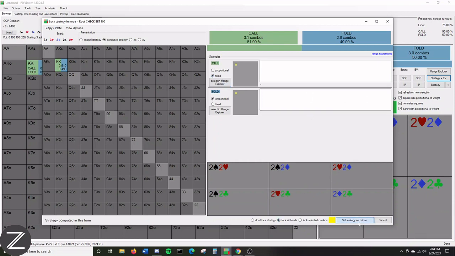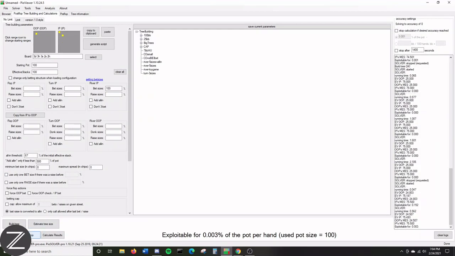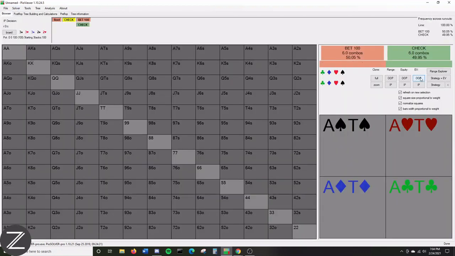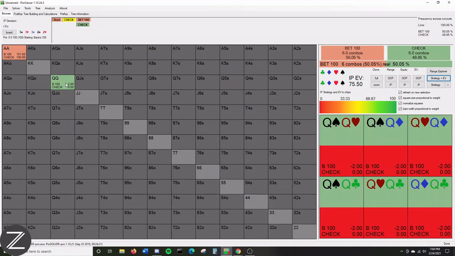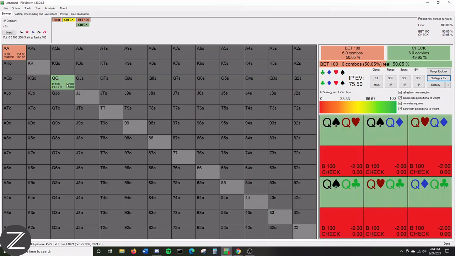We rerun this. Now we will see queens is just pure checking back, because queens is no longer indifferent between bluffing and checking back, since Oscar will be over defending. So even these slight differences in frequencies will yield quite a different result.